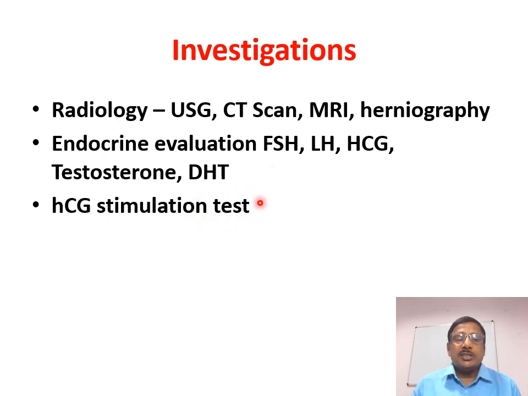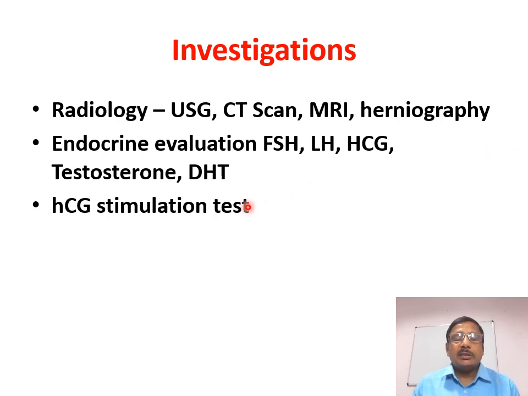Then there is the HCG stimulation test, human chorionic gonadotrophin stimulation test. This is done when we are not able to palpate any of the testes, and through our investigations we are not able to locate testes within the abdomen. Now we want to be sure whether we are having any testicular substance or not.